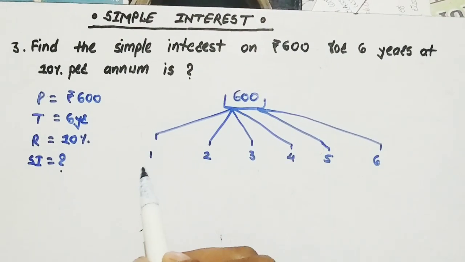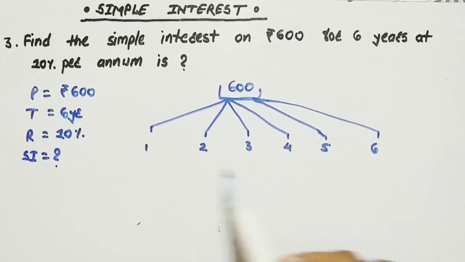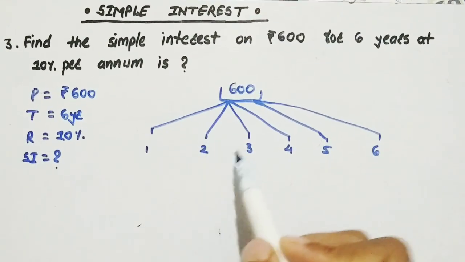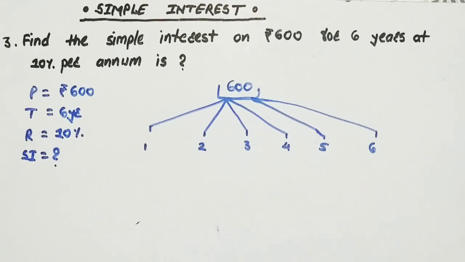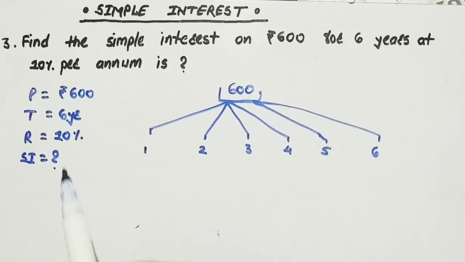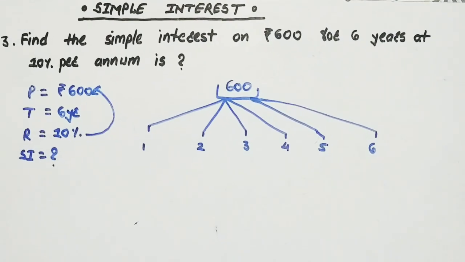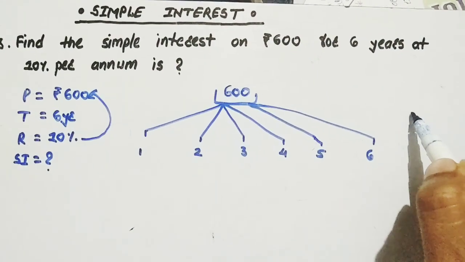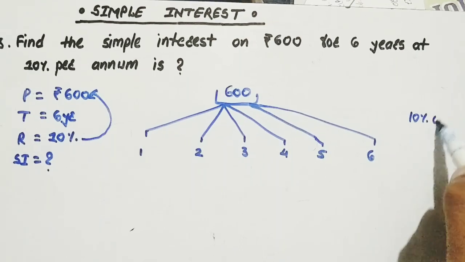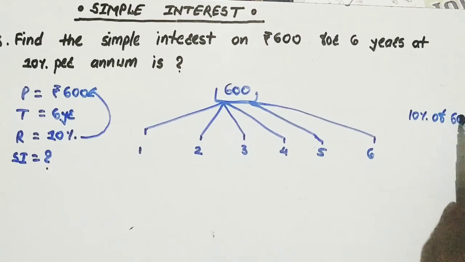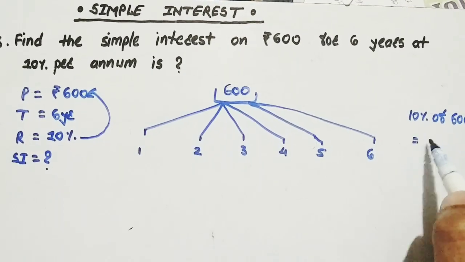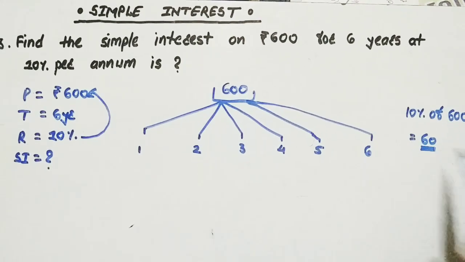600 and calculate 6 years. So that's why I draw 6 lines. Rate of interest is on principal. So 10% of 600, 600 का 10%, that is 60.